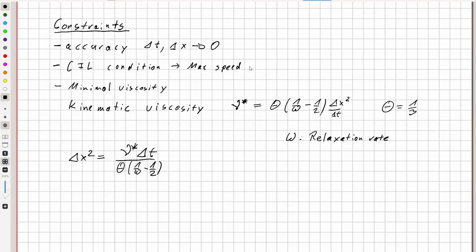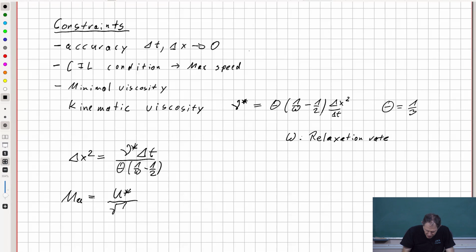We add to this the Mach number. So the Mach number in our simulation is the physical velocity, which again I write with this asterisk, divided by the speed of sound. So this is square root theta, times delta x divided by delta t.